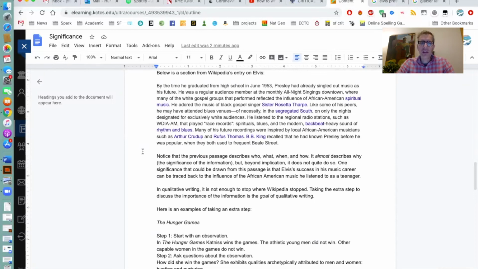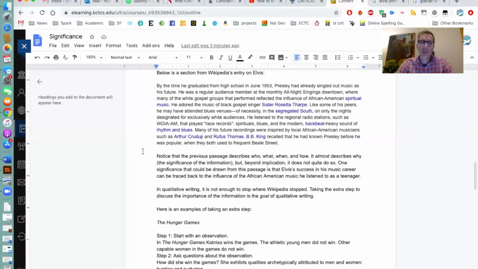Like some of his peers, he may have attended blues venues of necessity in the segregated South, but only the nights designated for exclusively white audiences. He listened to the regional radio stations, such as WDIA AM, that played race records, spirituals, blues, and the modern, backbeat-heavy sound of rhythm and blues. Many of his future recordings were inspired by local African-American musicians, such as Arthur Crudup and Rufus Thomas. B.B. King recalled that he had known Presley before he was popular, when they both used to frequent Beale Street.